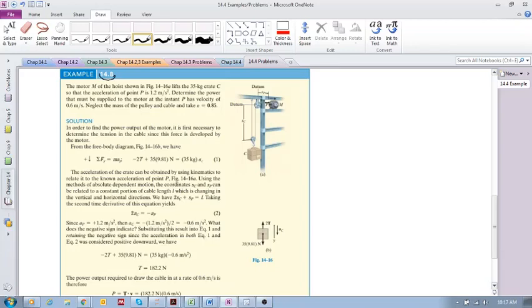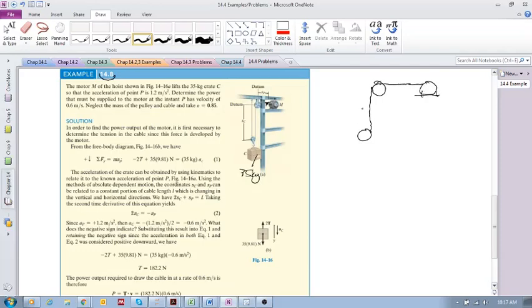Okay? The motor M of the hoist shown lifts the 35 kilogram crate C so that the acceleration of point P is over here. So if we just redraw this, okay, into the motor.